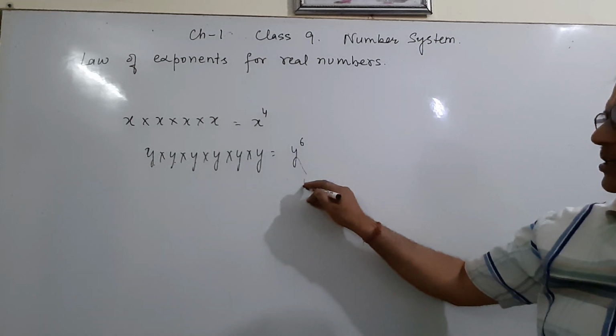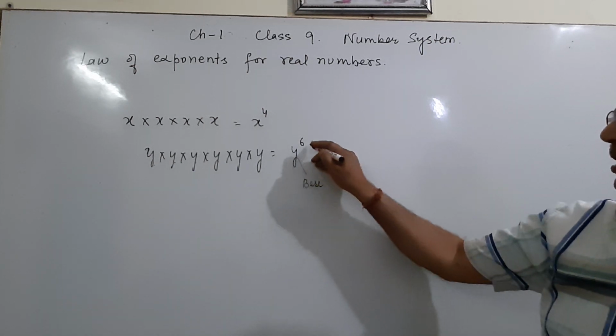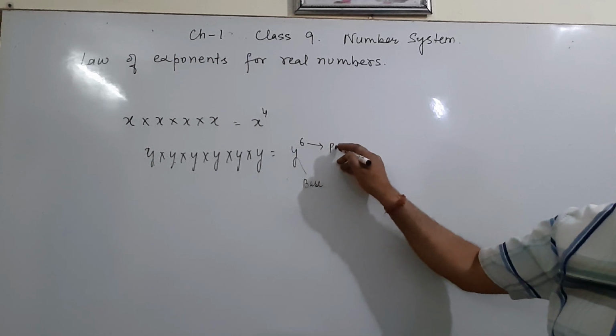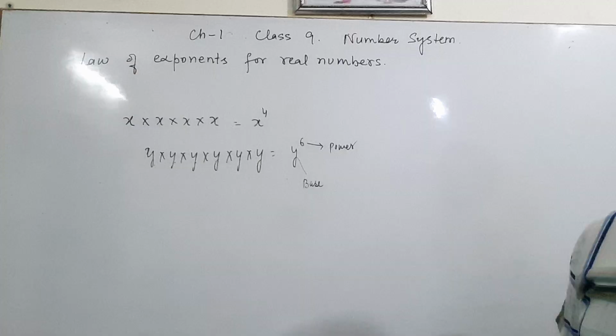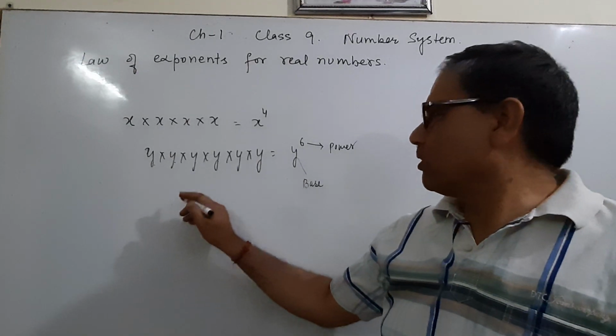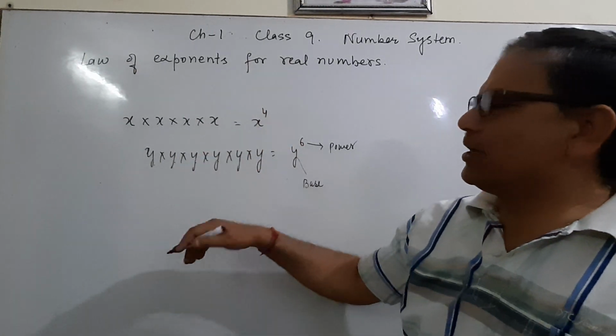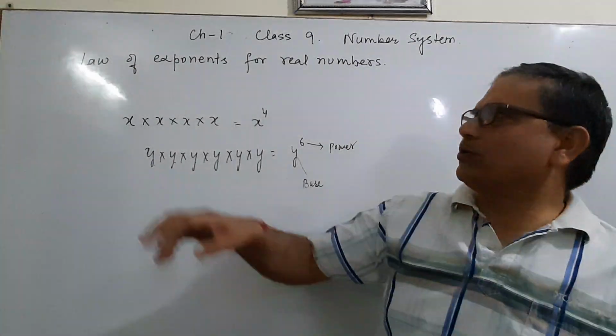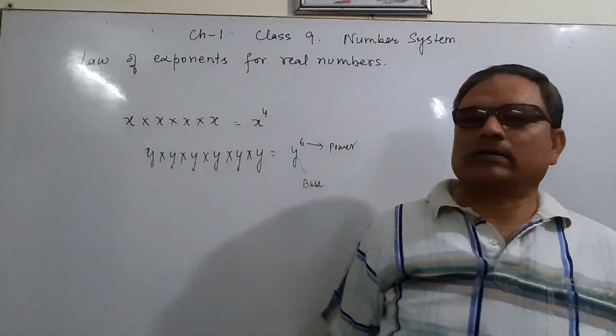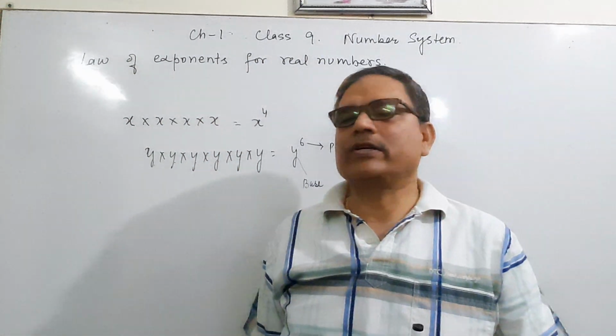And this y is known as base, and this 6 is power, or we can say exponent. If we want to solve on the basis of this, we can solve different questions, and the laws related to the exponent we will discuss one by one.